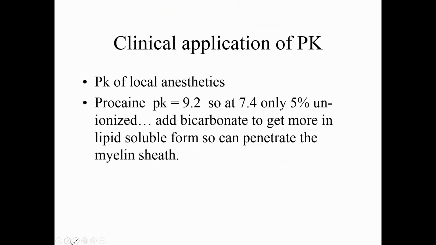So here's another example of how we can use a pKa. You have a local anesthetic, so something like Procaine would be in its protonated form and its deprotonated form. Well, if its pKa is 9.2, you could add a bunch of bicarbonate, put it over into its unionized form, get it through the lipid-soluble sheath, and then once in there, it would meet a pH of 7.4.